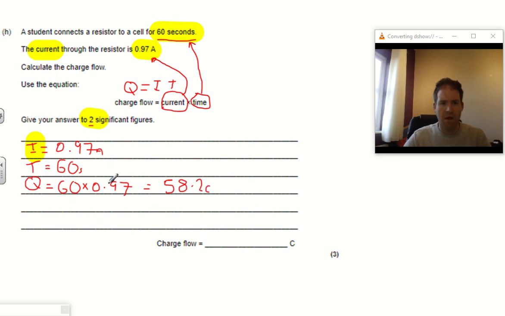However, we've got to remember that we have been asked here to give it in 2 significant figures. So this is the correct answer, but for 2 significant figures, we have to do 1, 2, and then round this one. And if it's below 0.5, then we round down to the 58. So our answer is 58 C. Okay.